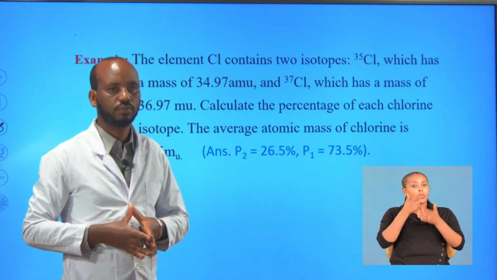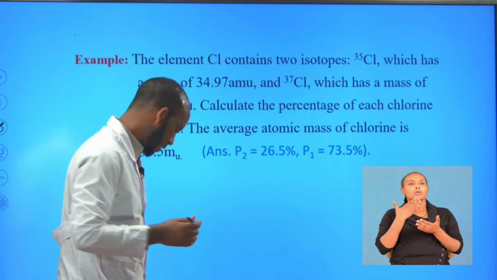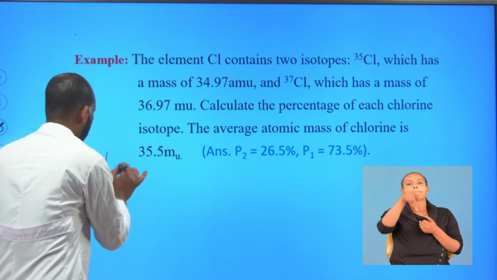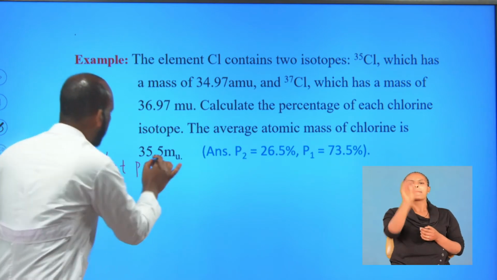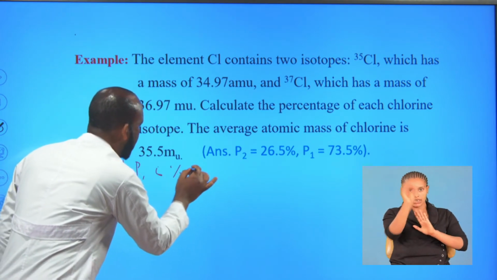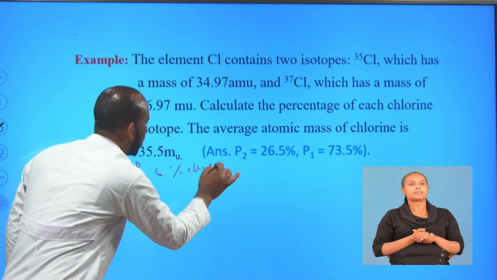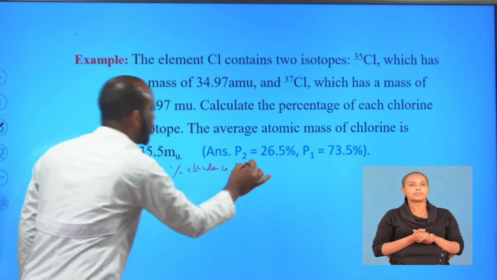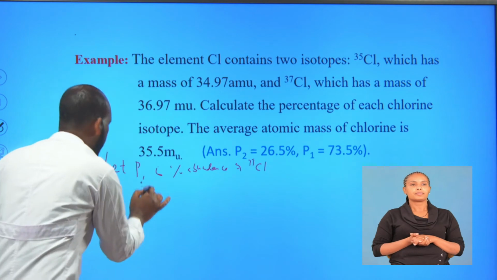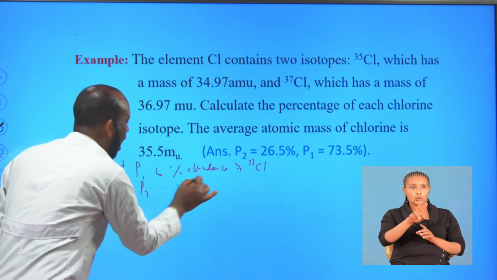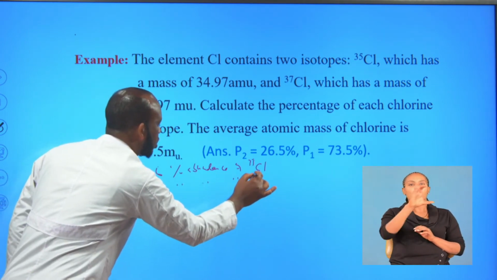What do you do? Let P1 be the percent abundance of chlorine 35, and P2 the percent abundance of chlorine 37.